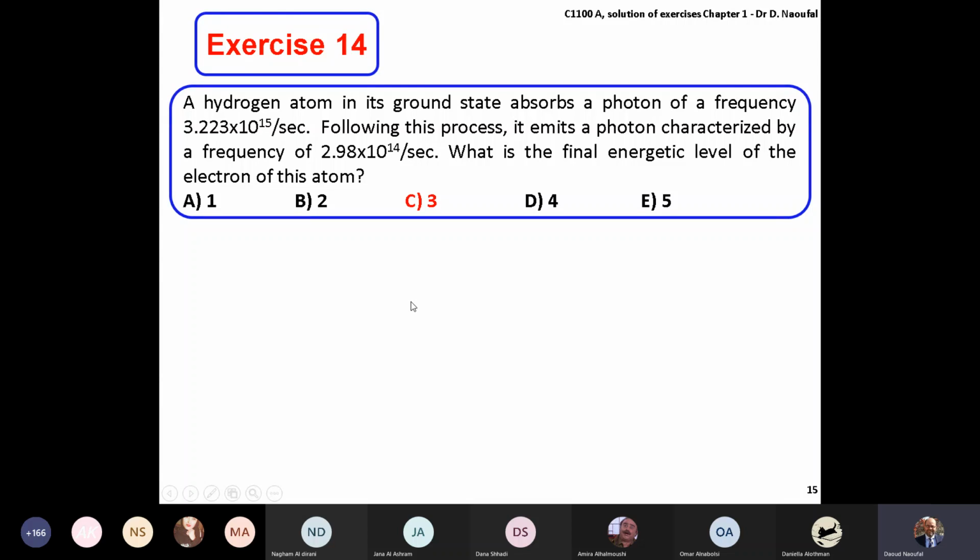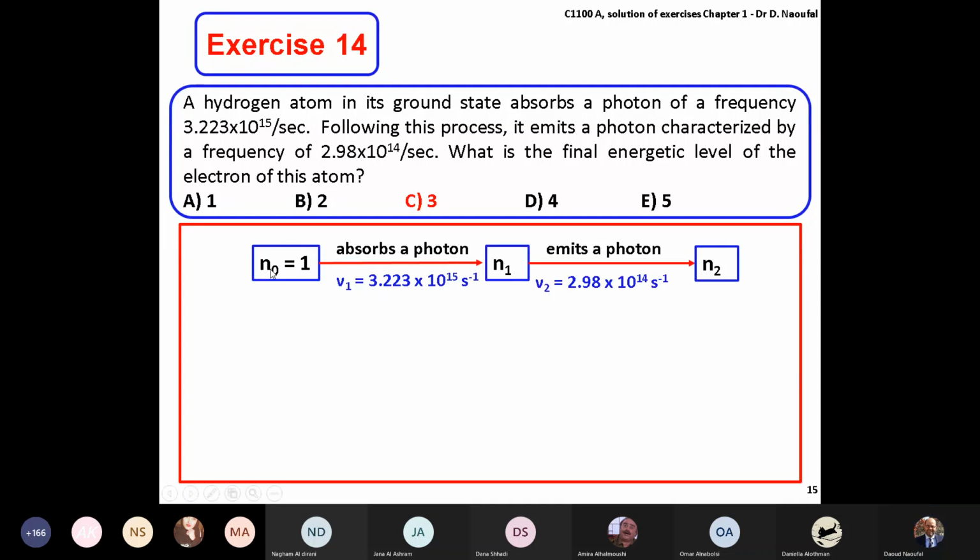I draw the sequence of absorption and emission. Initially, the electron is at the ground state. It absorbs energy of frequency 3.223 × 10^15 second minus 1. It will pass to level n1. The atom becomes unstable, so the electron should return to another state. By theory, it should return to n equal 1.